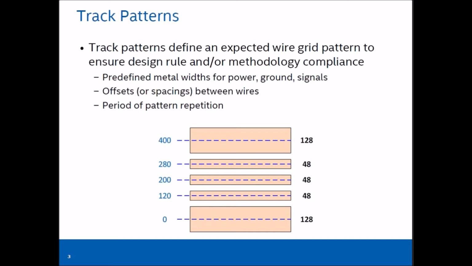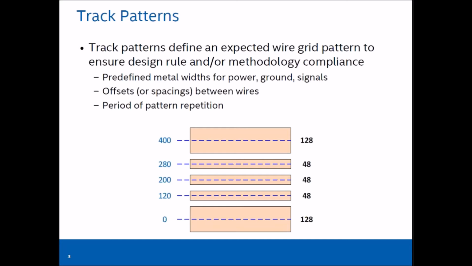So I think most of us are aware that when you're in an ASIC design, there's obviously a strict gridding requirement usually as far as methodology is concerned. This does happen also in the custom space quite a bit, especially in the more advanced nodes.